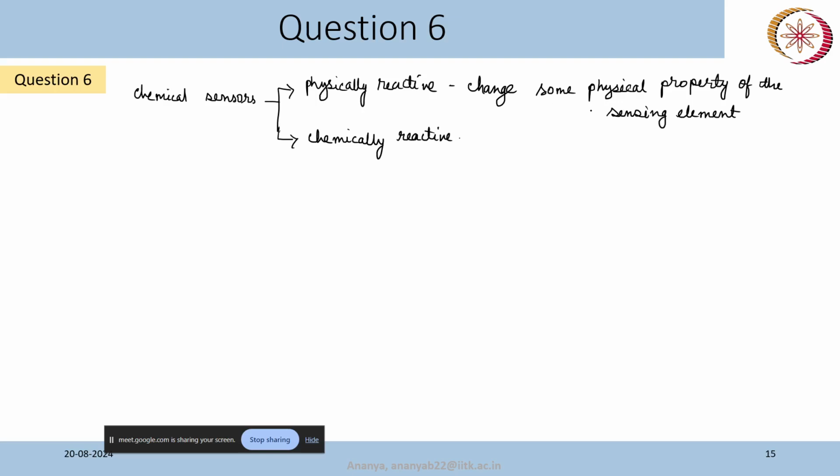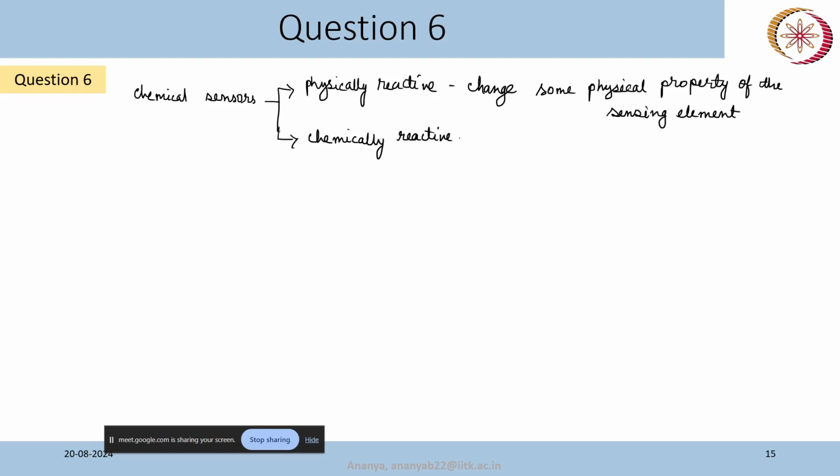The change in a physical property can be, maybe say due to the chemical reaction, there is a bend in the sensing element, so there is some stress, some strain, due to which the shape of the sensing element is being changed.